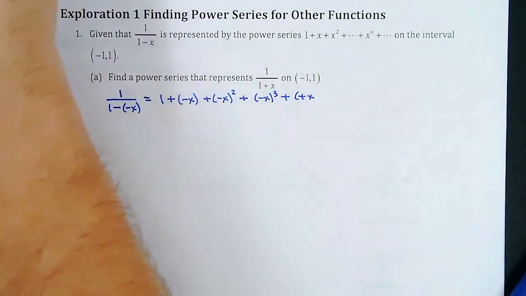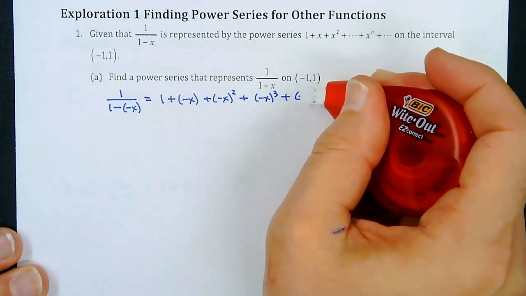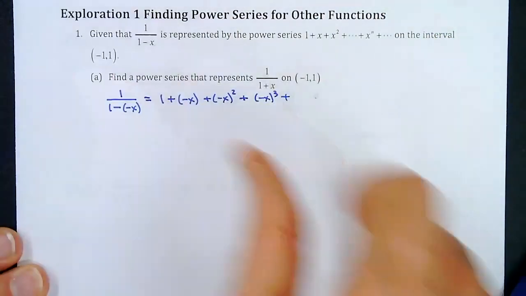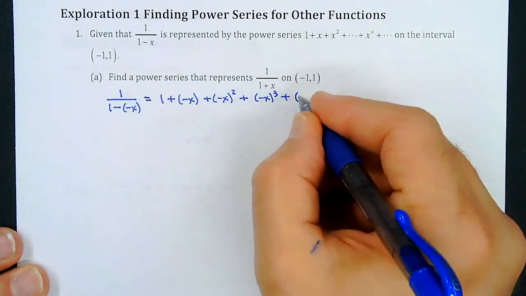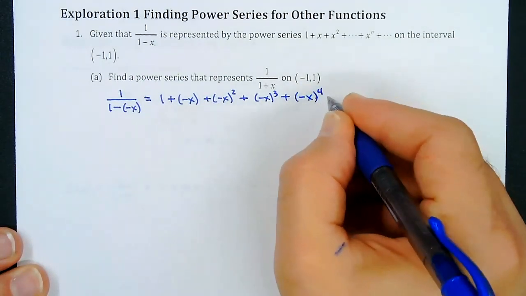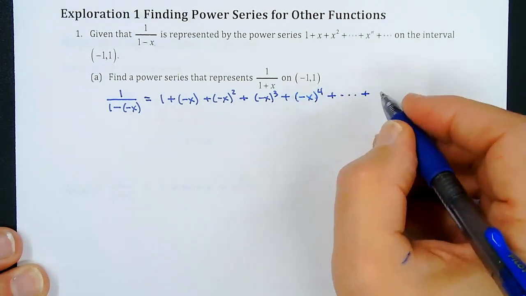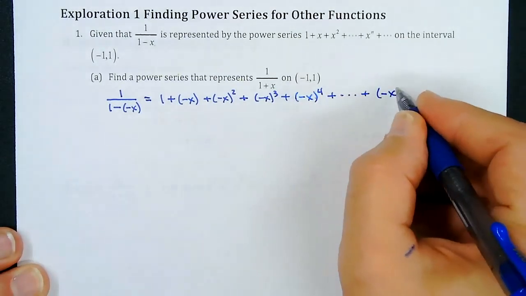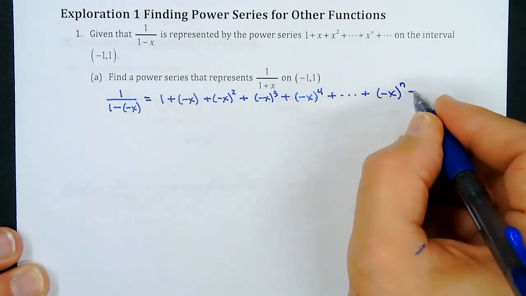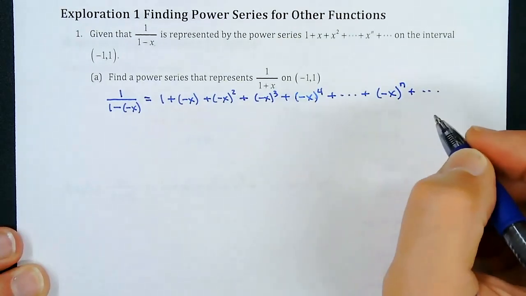plus negative x to the 4th, plus dot, dot, dot, plus the nth one, which would be negative x raised to the nth, and then plus dot, dot, dot to mean it goes forever.